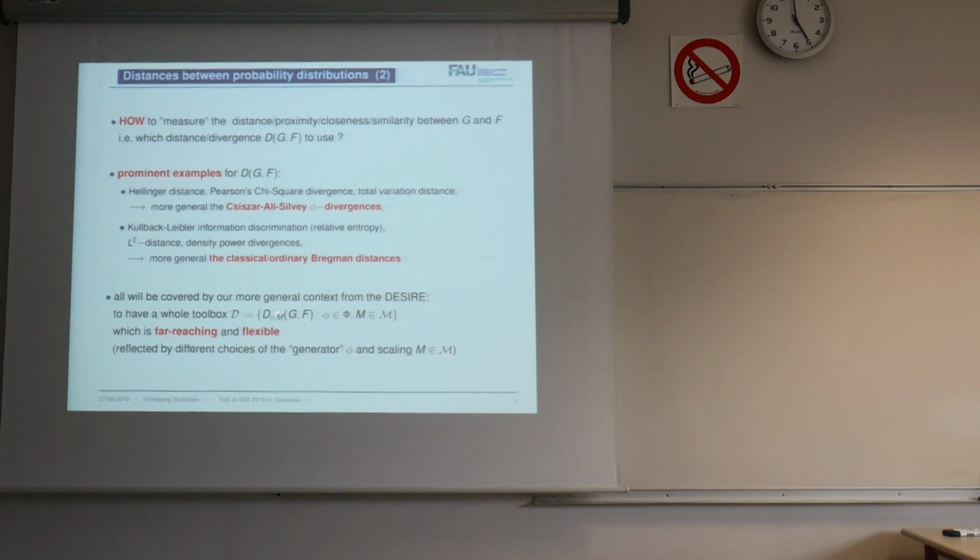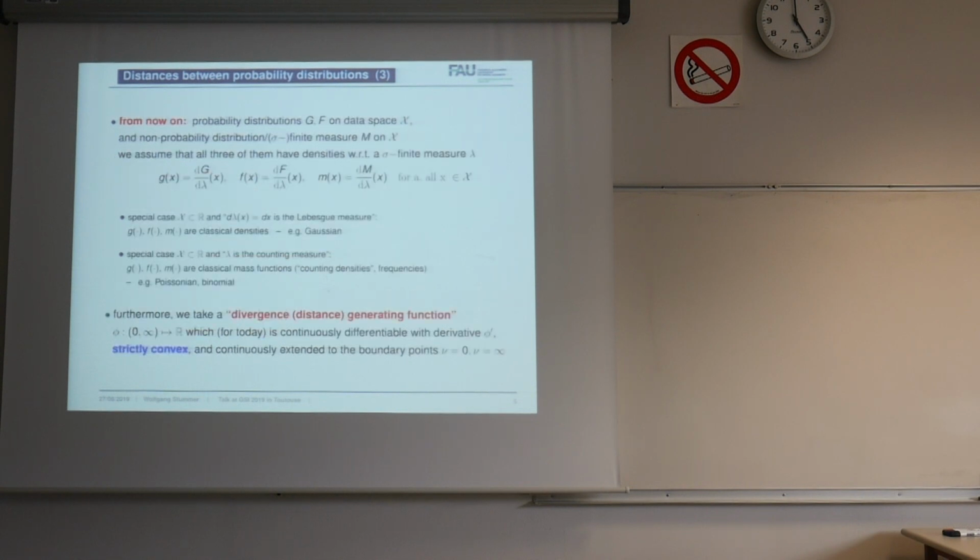And the toolbox or the flexibility is reflected by the divergence generator phi we have already seen in Frank's talk, and I also use a scaling M, okay? So how does this work?